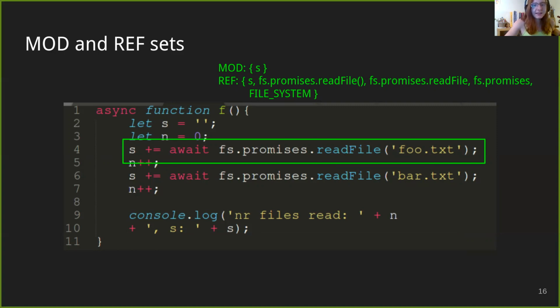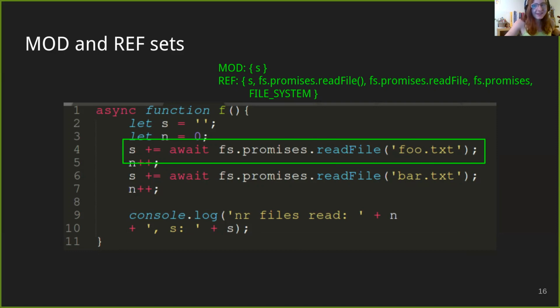So for the highlighted statement, we see that the only variable being modified is s, because s is being incremented. So we see s plus equals. Now there's a few things that are being referenced here. We see s is referenced here as well because the plus equals uses the previous value of s. Then fs.promises.readFile.